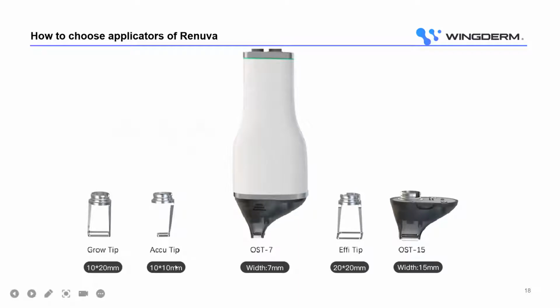Accure is for some small areas like the around. The FA is for the face. Roller tips 7, OST 7 and OST 15 are more focused on rejuvenation or before the cosmetic drugs penetration with low parameters for the fast treatment.